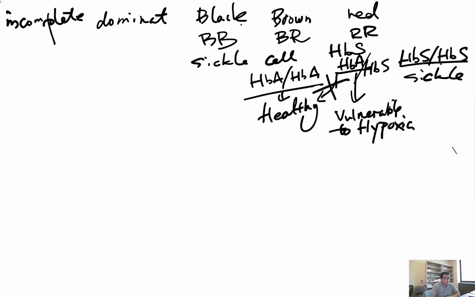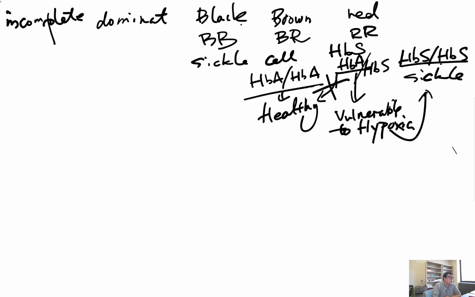In oxygen stress, for example, when they climb a high mountain, or in very intensive exercise, when the body needs tons of oxygen, their hemoglobin may change shape and become a sickle cell. So that's called incomplete dominance. The heterozygotes are not completely the same as the dominant homozygotes.